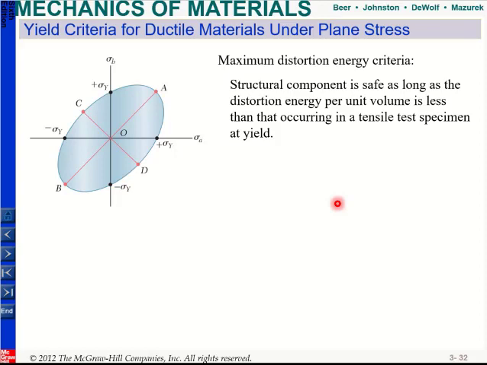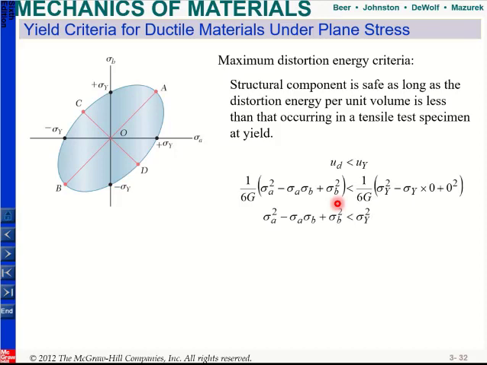When you deform a material, you undergo some change in volume, and you also undergo some change in shape. So if you find this distortional energy, it should be less than some parameter, and basically what they came up with is this formula.